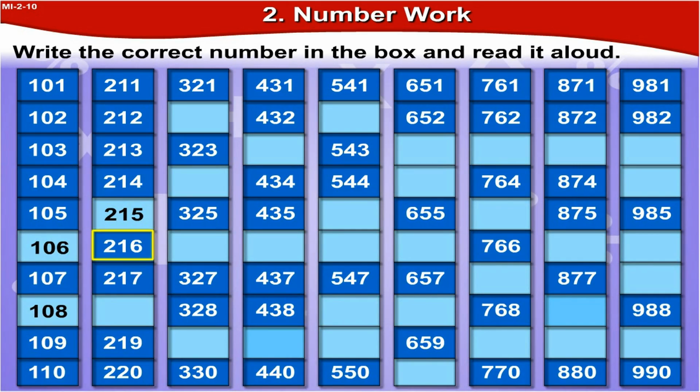Then we have 216, 217. Box. After 217, it is 218, that is 218. So write it in the box. And we have 219, 220.